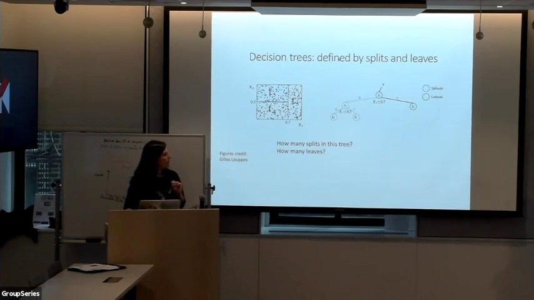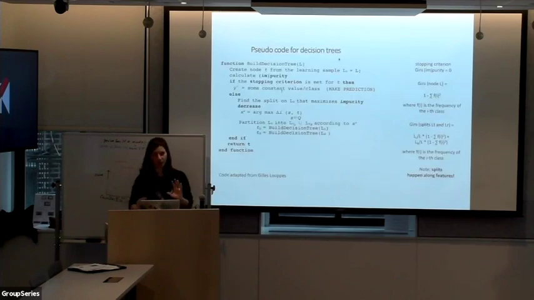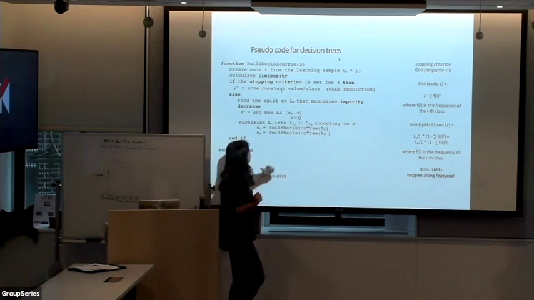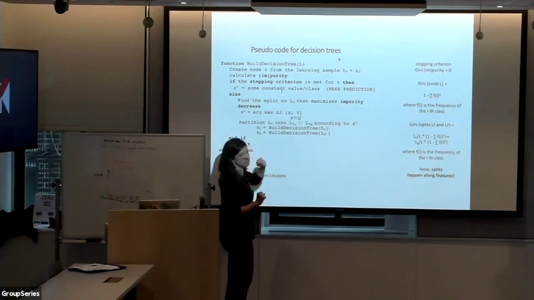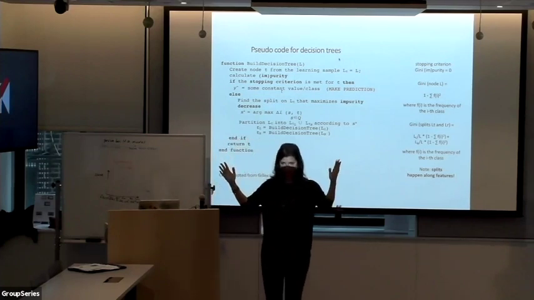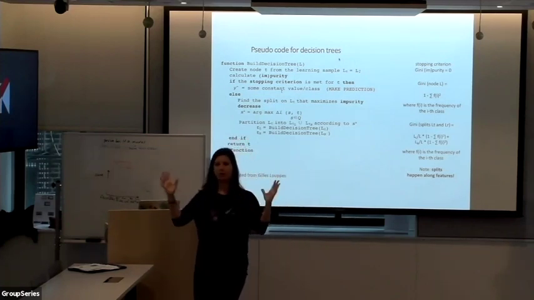So, to be a little bit more rigorous in how we decide whether or not we should make another split, I wanted to show you the pseudocode, because I feel like it's nice and easy. Basically you start from your learning sample, which initially has all of the objects.